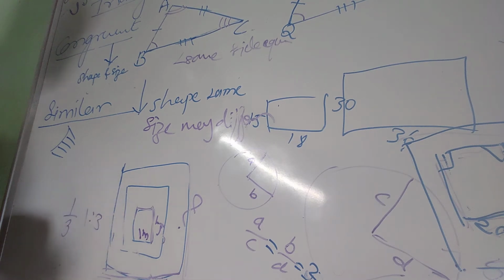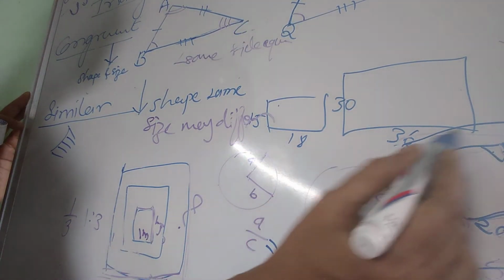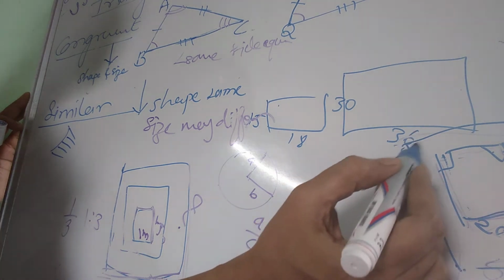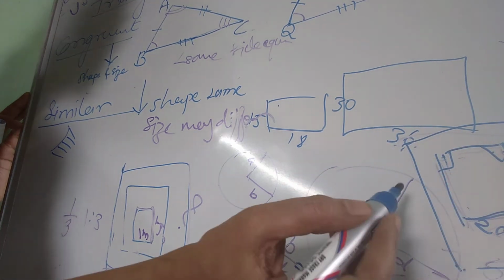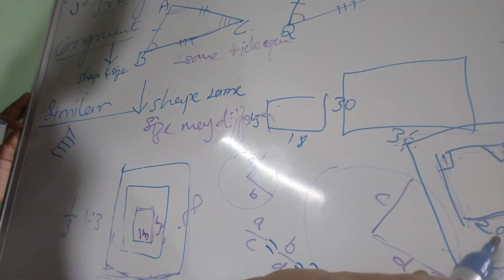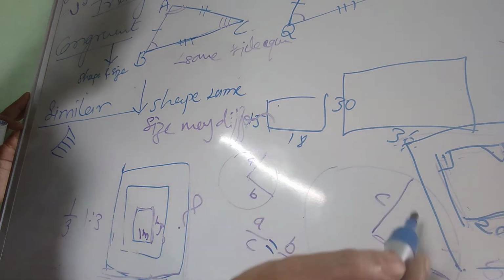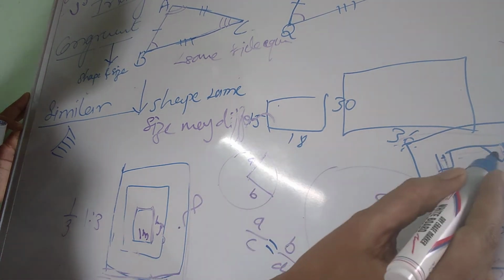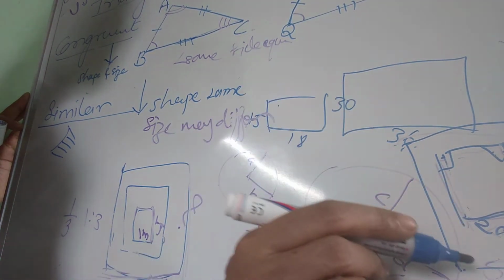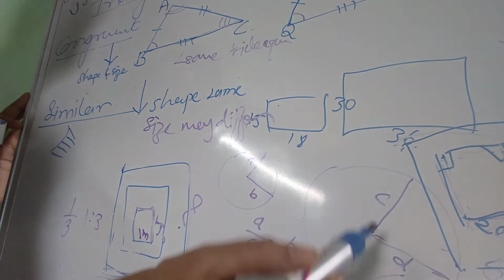As it is a square, all the angles are 90 degrees, and this is also a square, so all angles are 90 degrees. So polygons will be similar if the angles are equal. Angles must be equal and sides must be proportional.